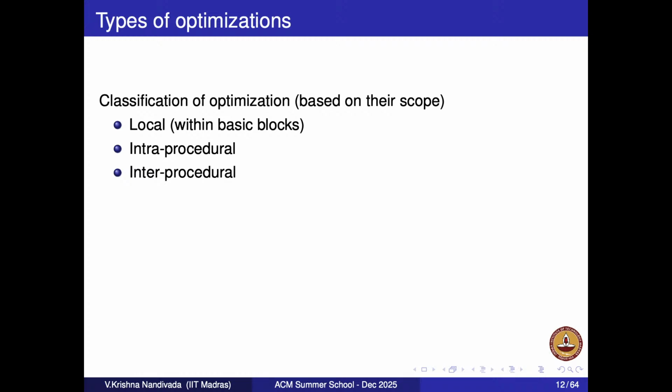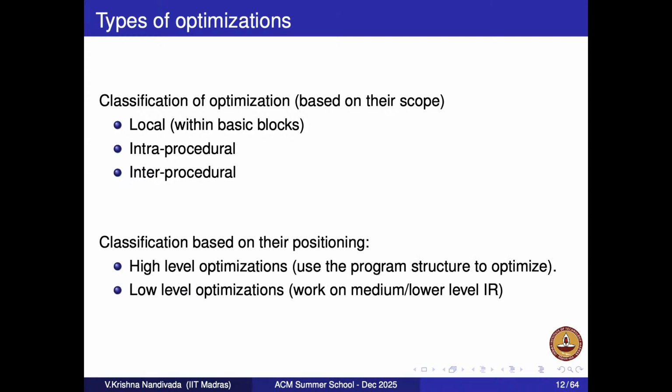Types of optimizations: there can be local, within a basic block; intra-procedural, within a function; inter-procedural, across functions. Similarly, the optimizations could be high level, which are not dependent on the hardware and depend on the program structure, or low level, which work on, say, registers and need information about the hardware.